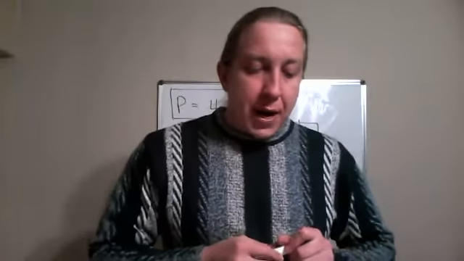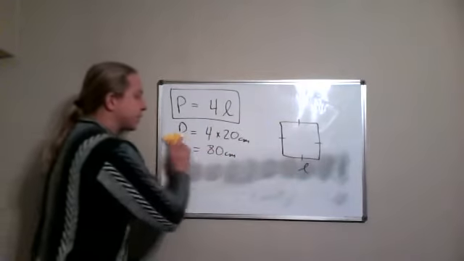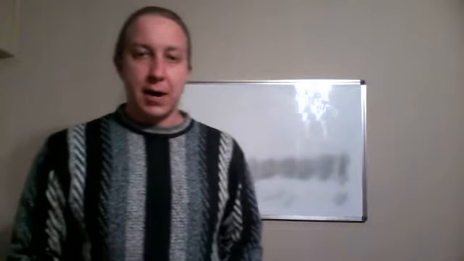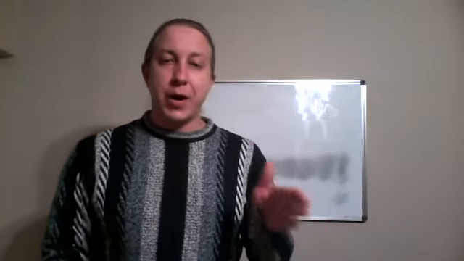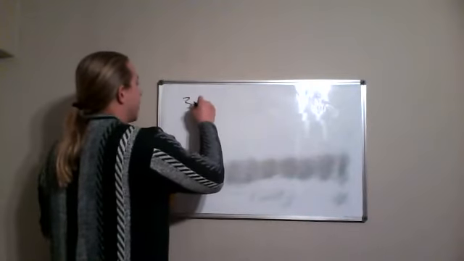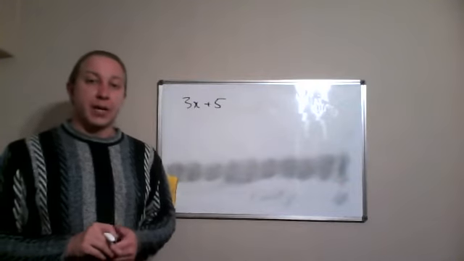I want to tell you about a difference between an algebraic expression and an algebraic equation. The difference is very easy: one has an equal sign and the other one doesn't. Obviously, an algebraic equation has an equal sign. So if I write something like 3x plus 5, that is just an algebraic expression.